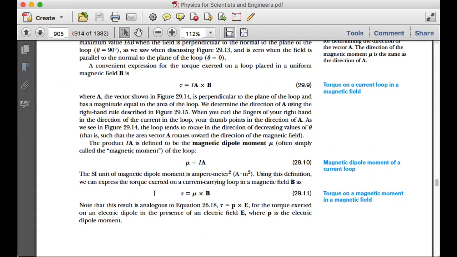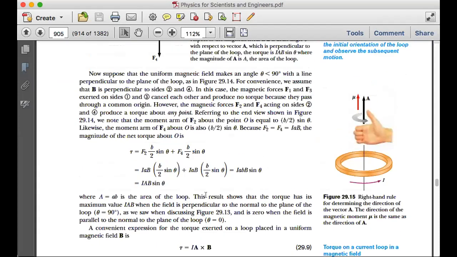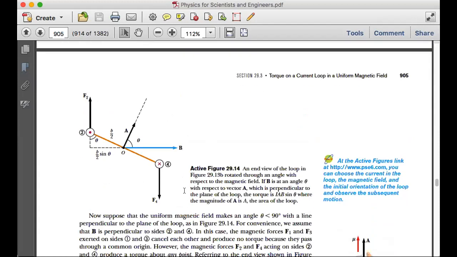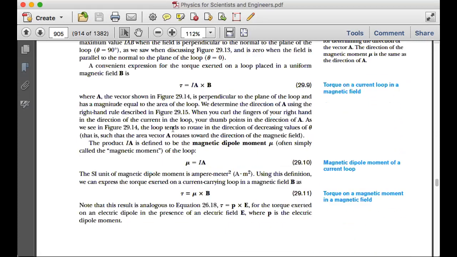This torque is a vector, equal to mu cross B. So in this case, the resultant of all forces is equal to 0, but the torque is non-zero.